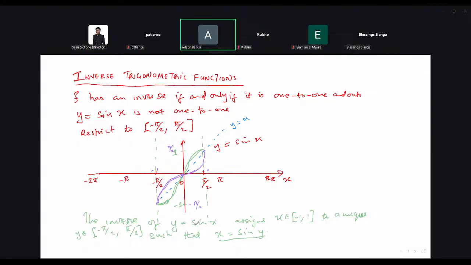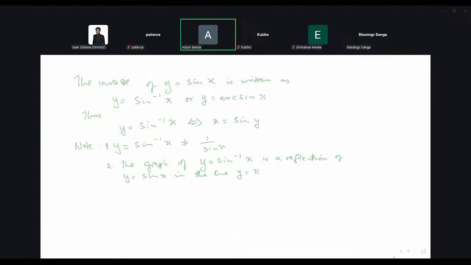That is how these graphs are related. But like I said, we are not so much interested in the graph of the inverse function. Okay, are there any questions so far?